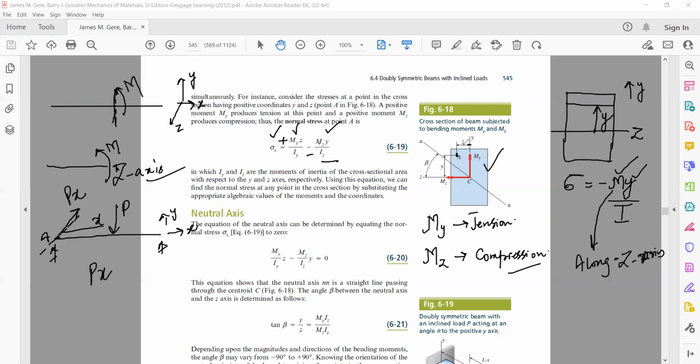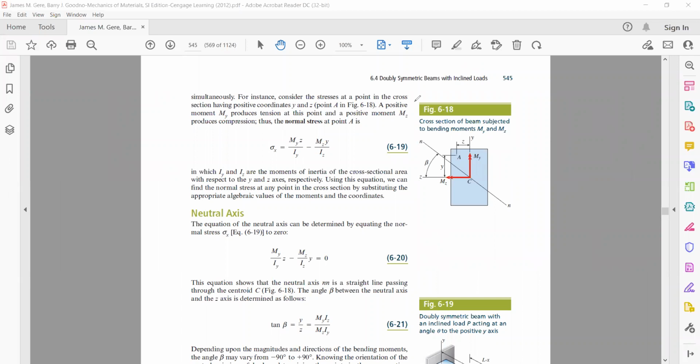Now you will take the coordinate z, and the moment of inertia about the same axis about which the moment acts, that is the y-axis. So this becomes the expression for the normal stress in a beam which is subjected to an inclined load. Okay, fine. That's why I am teaching this subject from the book, because if you don't have these diagrams, it's very difficult. Are you getting me or not?